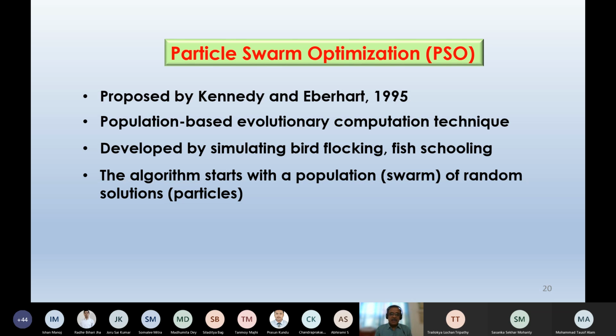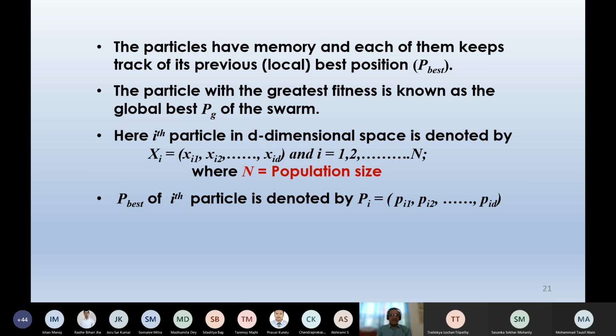The algorithm starts with a population, that is a swarm of random solutions or particles, and you'll see that these particles will change their velocity and position iteratively to reach the globally optimal solution.